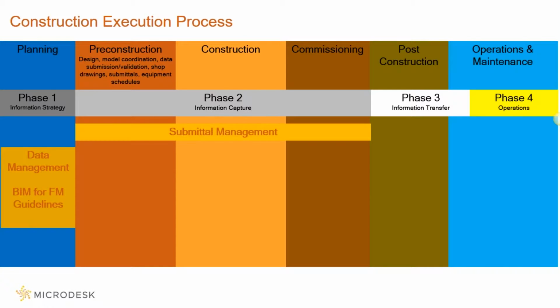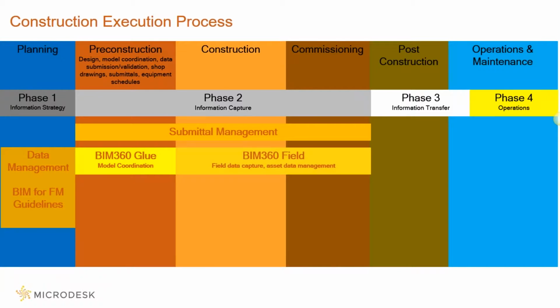There are submittal management systems that are typically used throughout this entire phase 2 process. And then in phase 2, we use the BIM 360 components to manage all the information. Then in the post-construction and the operations world, that's where we would use Model Stream going into Maximo.